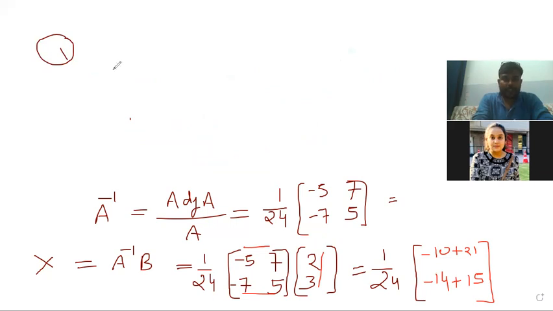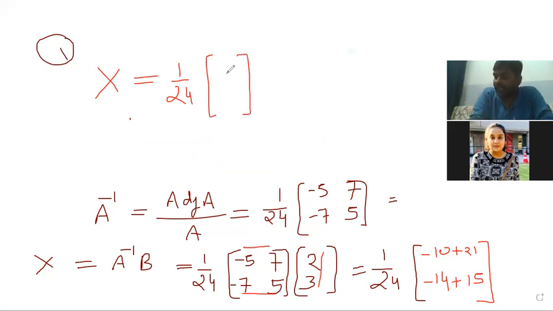Here our x will be 1/24, and in the matrix it will be 11 and 1. Now divide the 24 into the whole matrix. It will be 11/24 and 1/24.